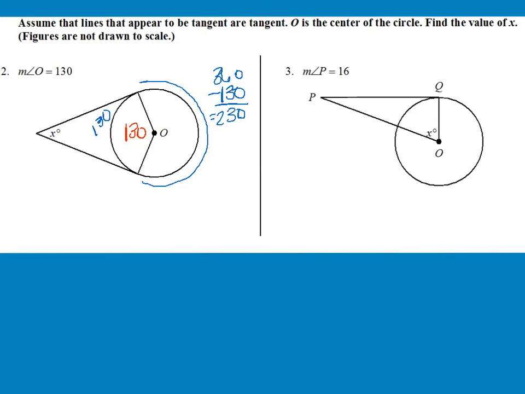Well, since my tangents meet outside of the circle, I'm going to use the formula that x is equal to 1/2 the difference of my arcs. So 230 minus 130 is 100, and half of 100 is 50. So x is equal to 50 degrees.